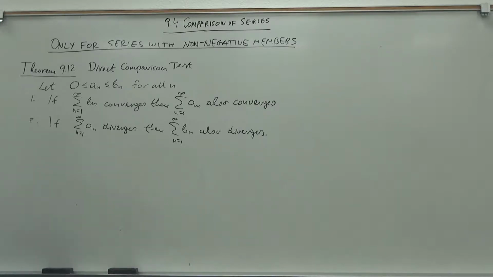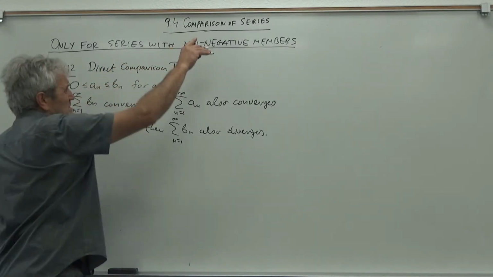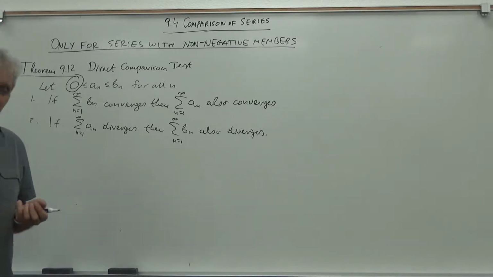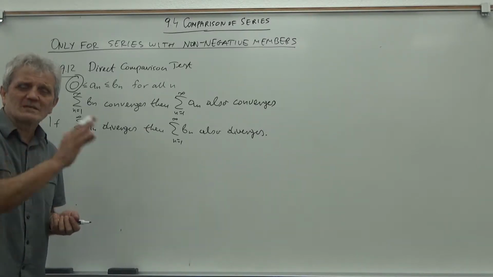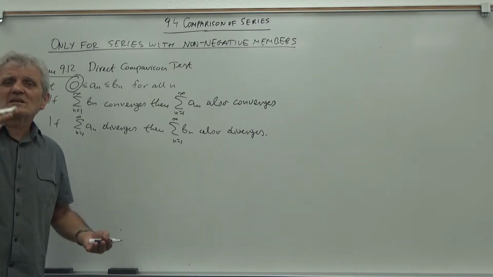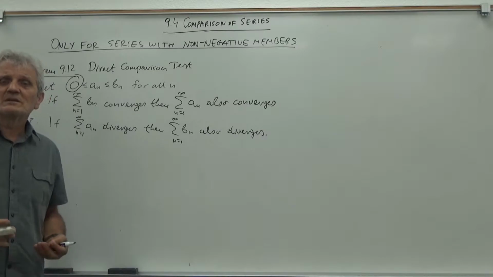So generally, first we said this is only for series with non-negative members, and that's emphasized here. I told you that metaphor that for a series with non-negative members you are adding positive mass. So the only question is, that mass is getting bigger and bigger cumulatively.